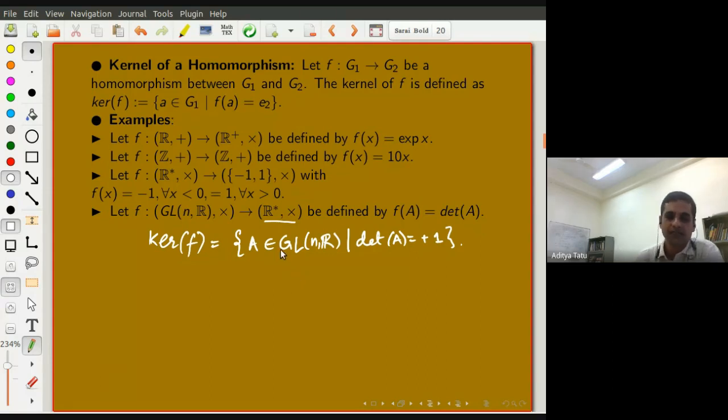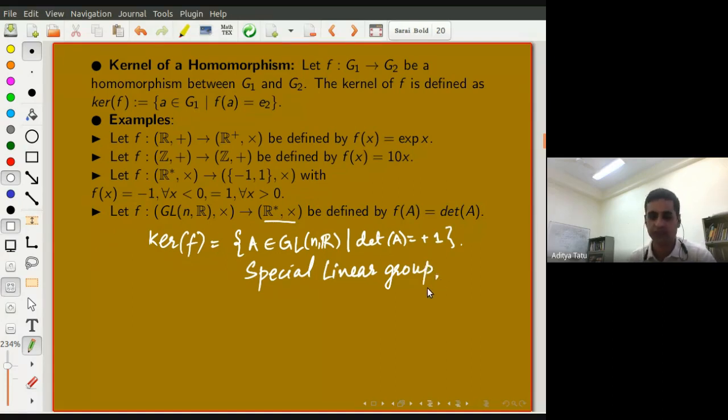Okay, and this is what is called, by the way, the special linear group. I think so. If not, I will correct myself in the next class. It's denoted by SLNR, which contains all matrices with determinant plus 1.